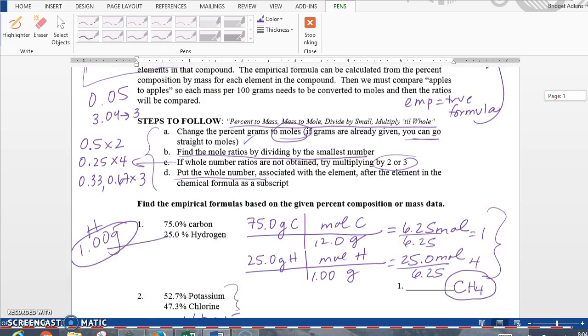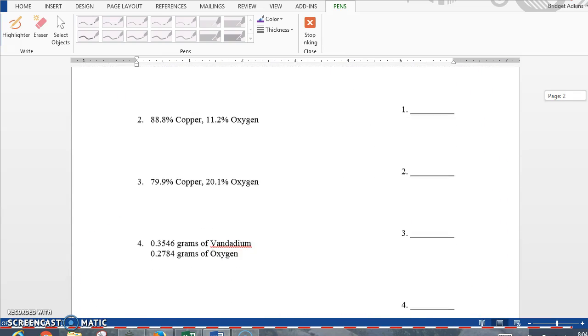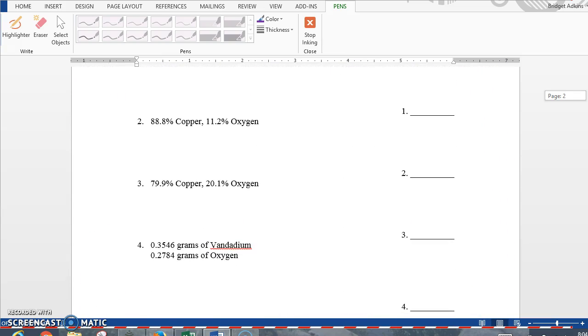Now when you get to the backside, you're going to do the backside for practice. The first 4 are very similar. I will tell you a sig fig note on this one. You end up with 0.00697 and so on from your calculator.